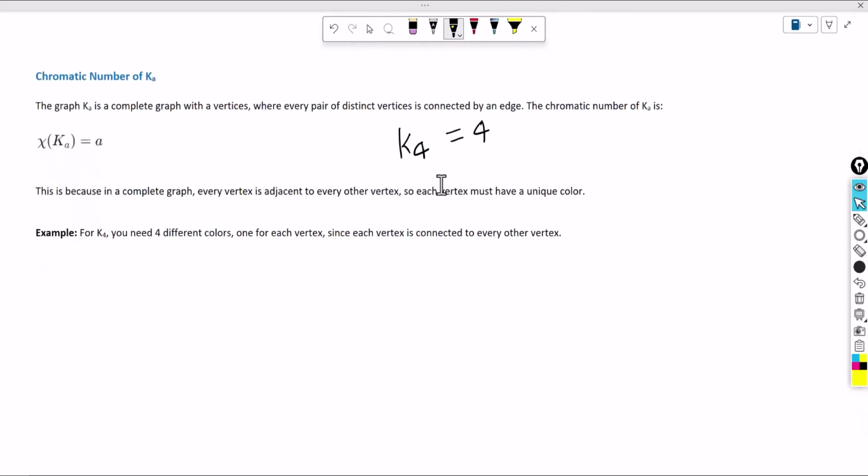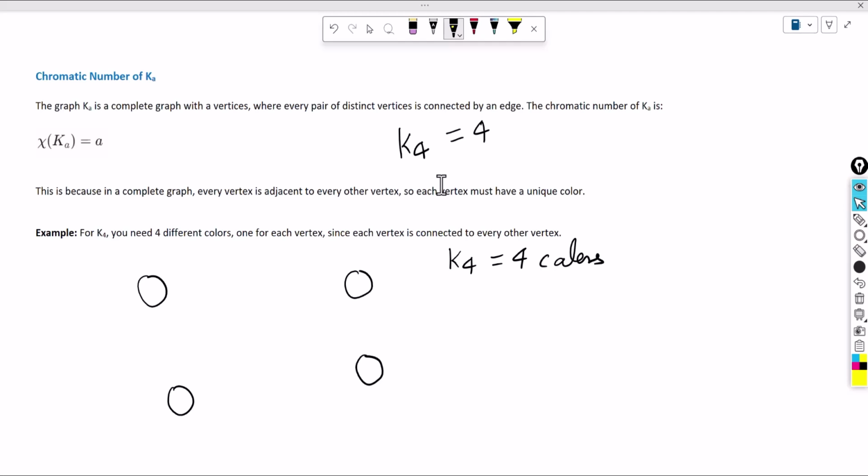You need 4 different colors, one for each vertex, since each vertex is connected to every other vertex. For ease I will draw the 4 vertices of the graph, that is K4. For K4 we have 4 colors, right?